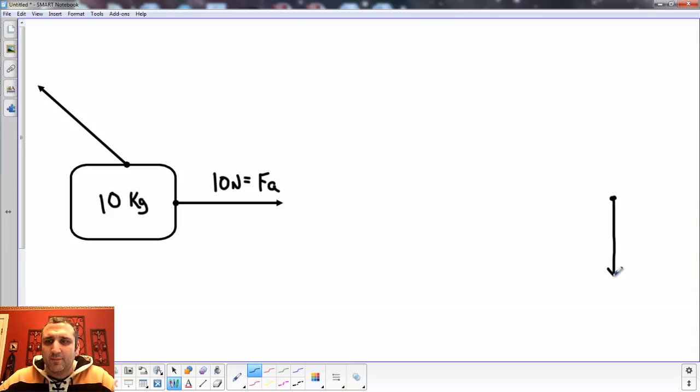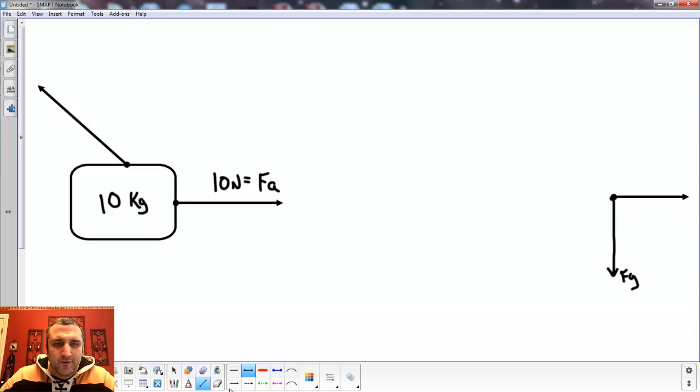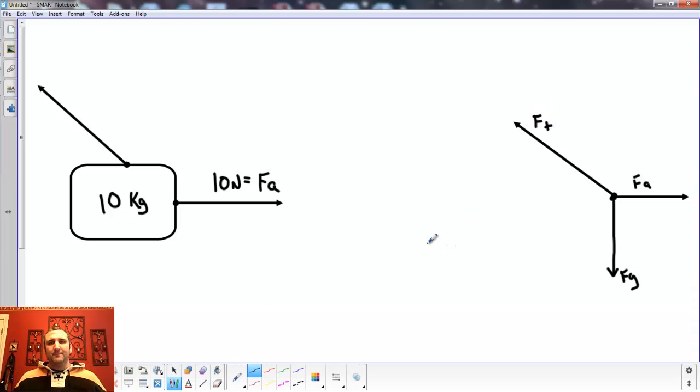We know this thing is being pulled down by gravity. We know it's being pulled to the side by an applied force. And we also know that it is being pulled up and to the left by a tension force. So now what?